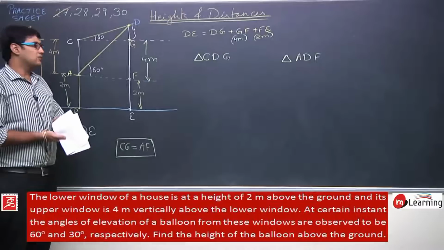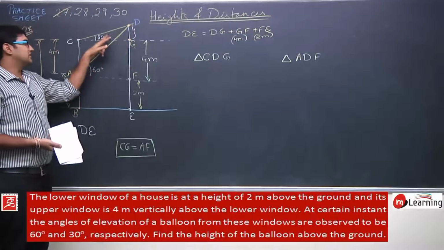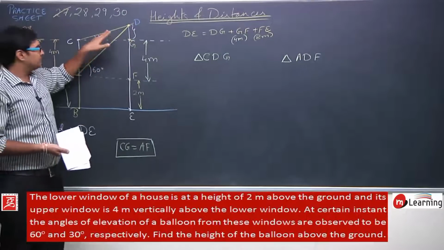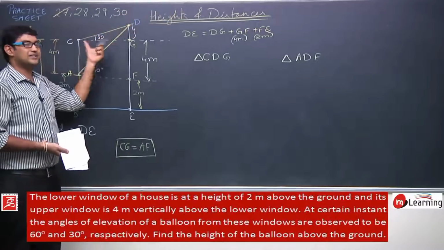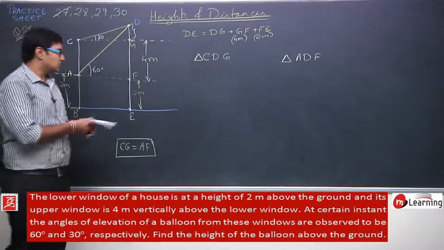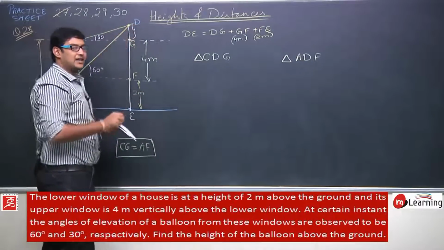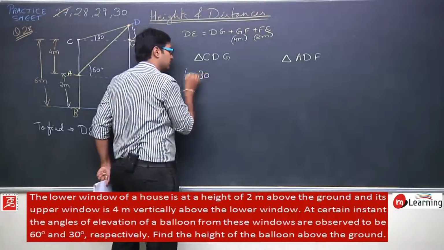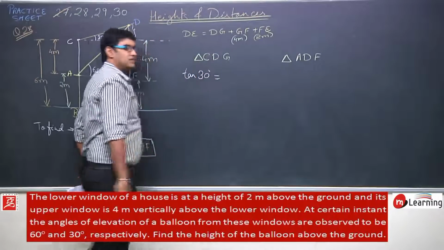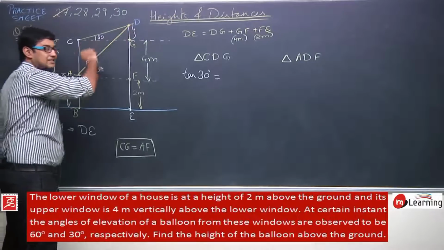Now observe the triangle CDG. In triangle CDG, this angle is 30 degrees. With respect to this angle, DG represents the perpendicular and CG represents the base. My task is to determine the length of DG, so I will use the trigonometric ratio tan. Tan 30 degrees is perpendicular upon base.